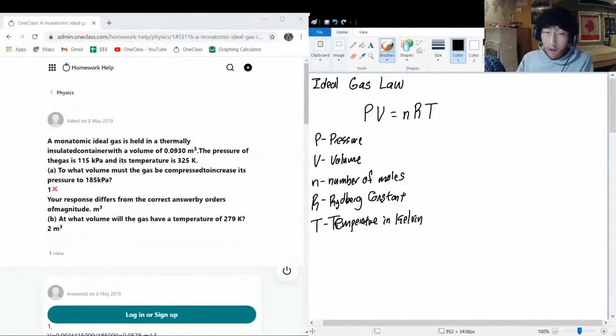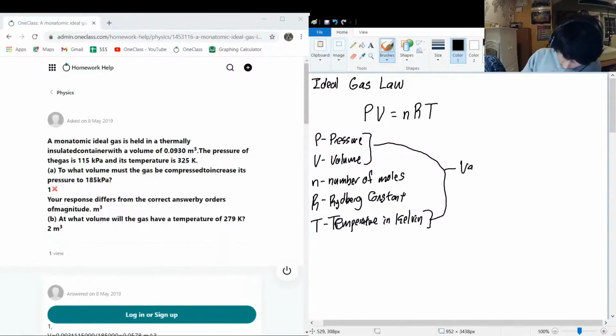Okay, so what we know is that our P, our V, and our T are going to be variable. And let's do a different color, like blue. And these are going to be constants. And how do we know that they're constant?